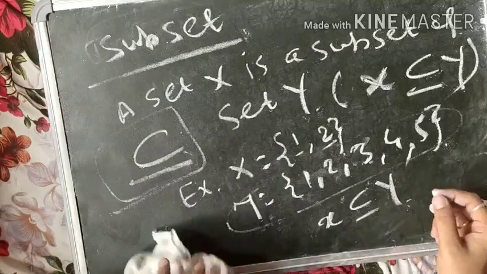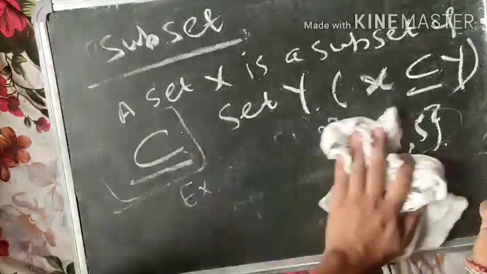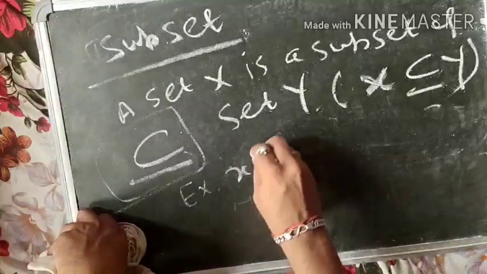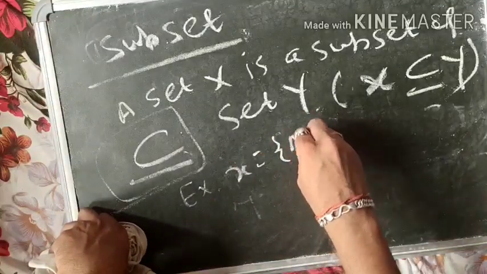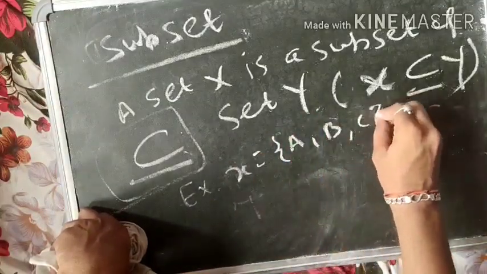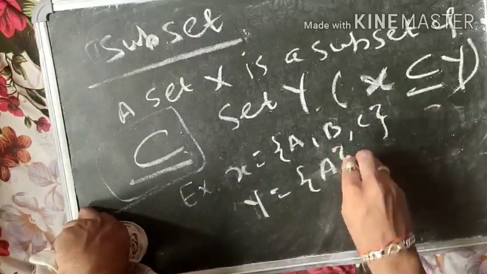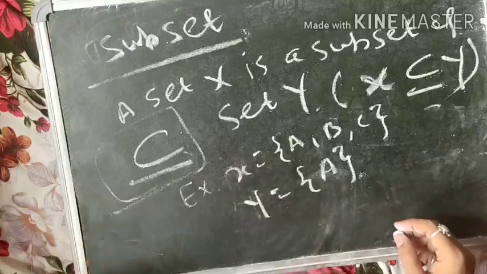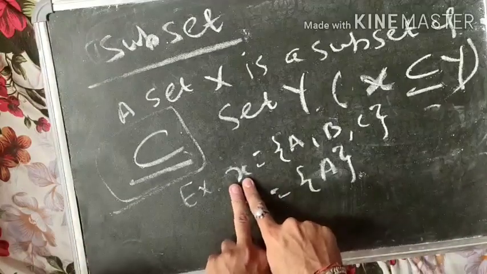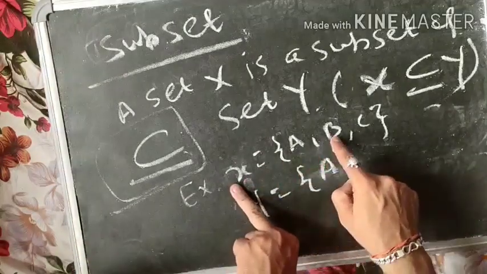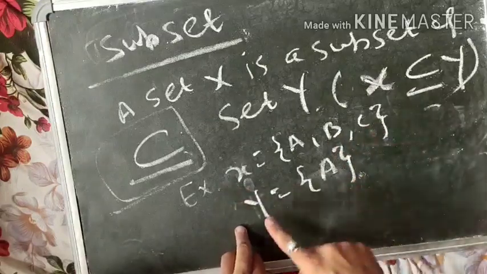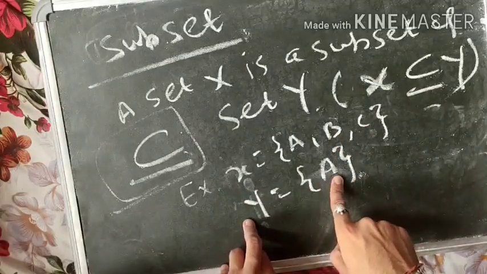Second example: suppose X contains A, B, C, and Y contains only A. X has 3 elements and Y has 1 element only.